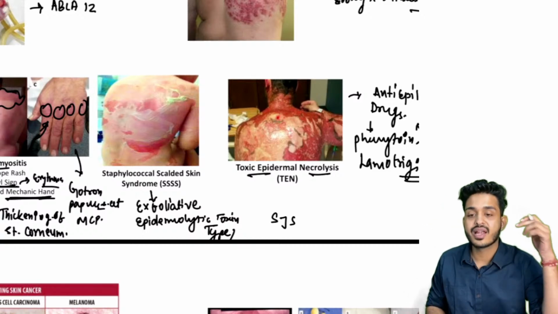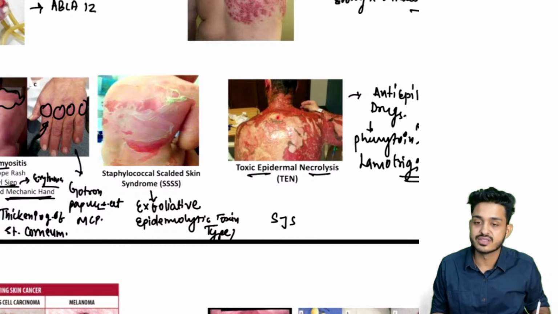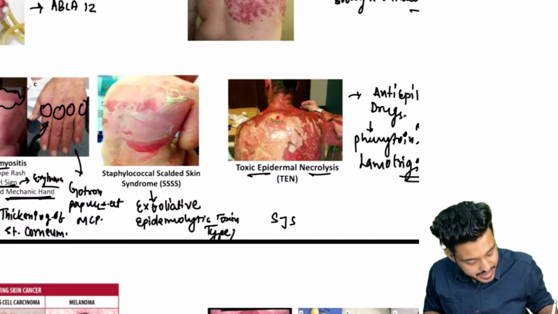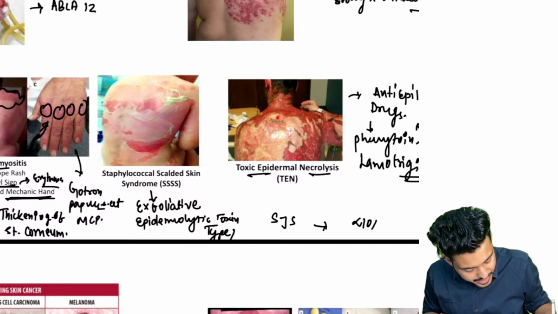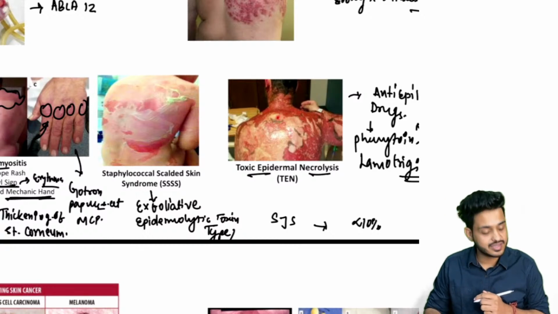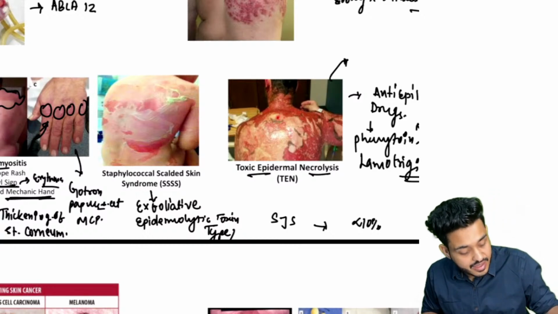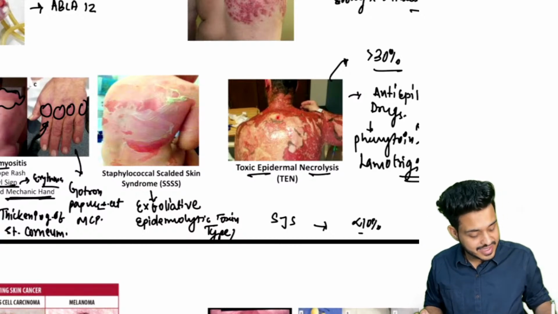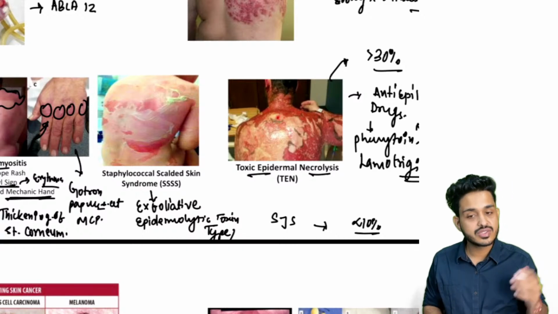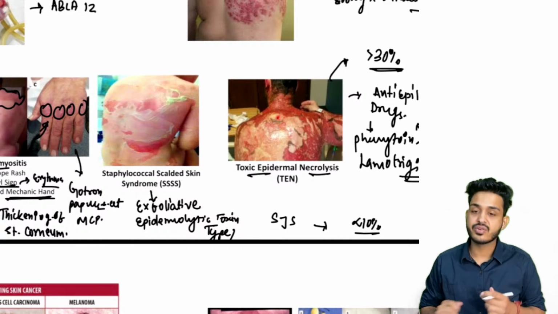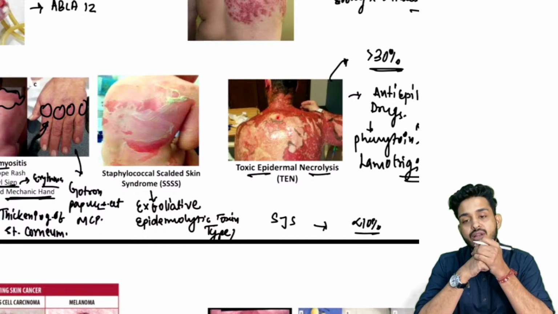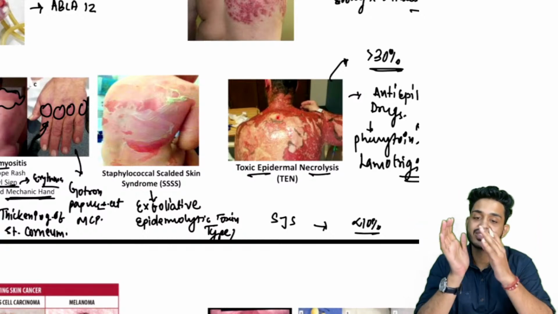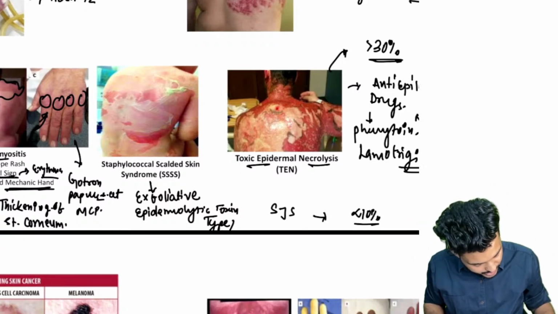Steven Johnson syndrome and TEN are basically due to the same reasons. The main difference is that in Steven Johnson syndrome less than 10% of the area is covered, and in TEN more than 30% of the area will be damaged. If it is less than 10%, we call it Steven Johnson syndrome. If it is more than 30%, we call it toxic epidermal necrolysis. If it is in between, we call it overlap.